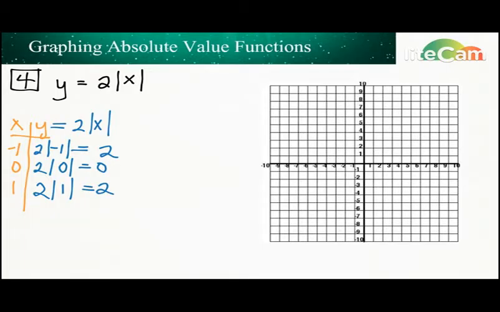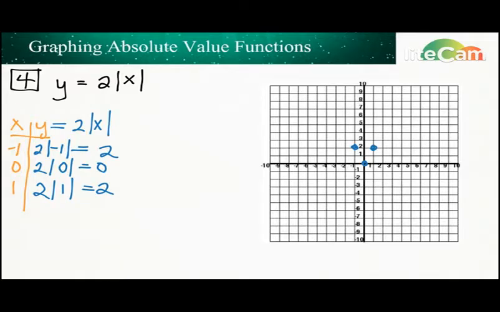Okay, so now, in the previous problems, what we did was we went over 1, up 1, okay? Now we're going over 1 and up 2. So notice that our graph is getting skinnier, okay?